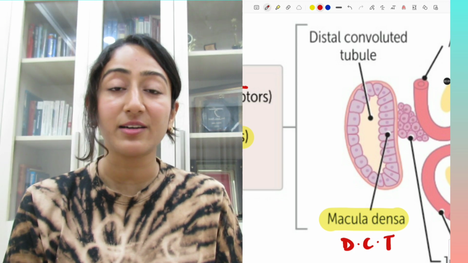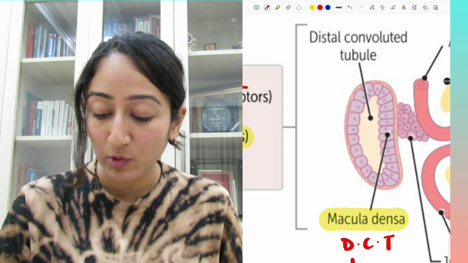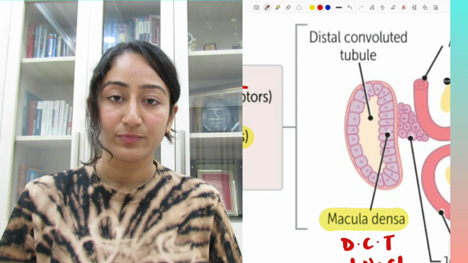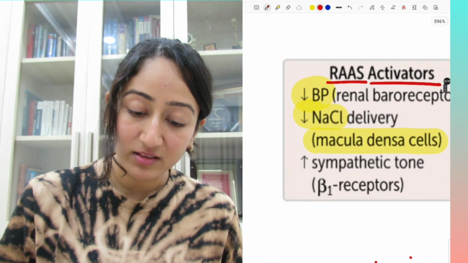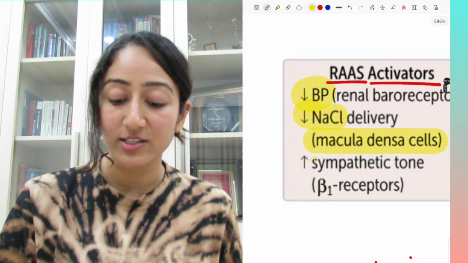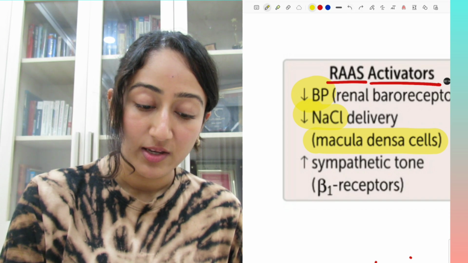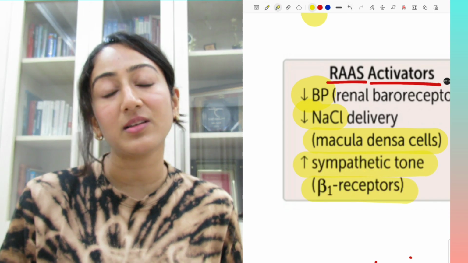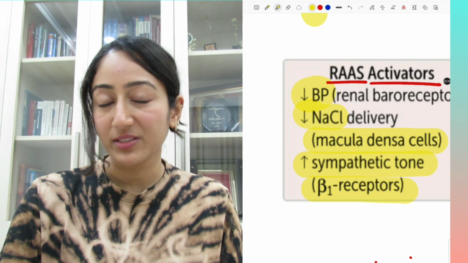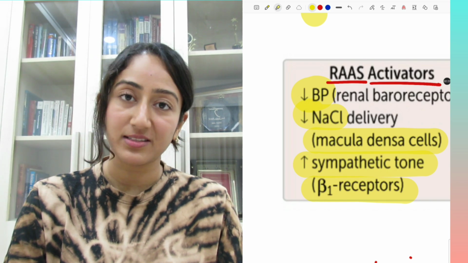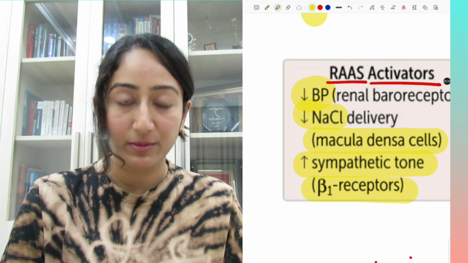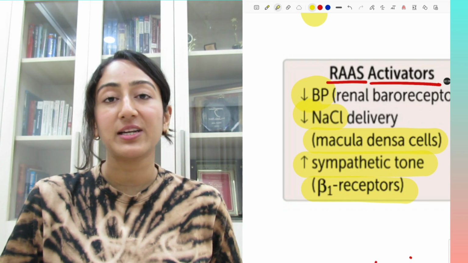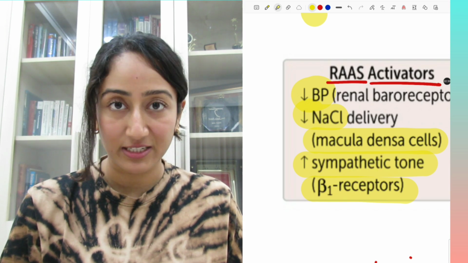As a result, it is going to activate RAAS. The third RAAS activator is increased sympathetic tone. Our beta receptors are part of the sympathetic system, and activation of beta receptors causes an increase in the blood pressure. So if there is stimulation of the sympathetic system, again your RAAS will be activated.